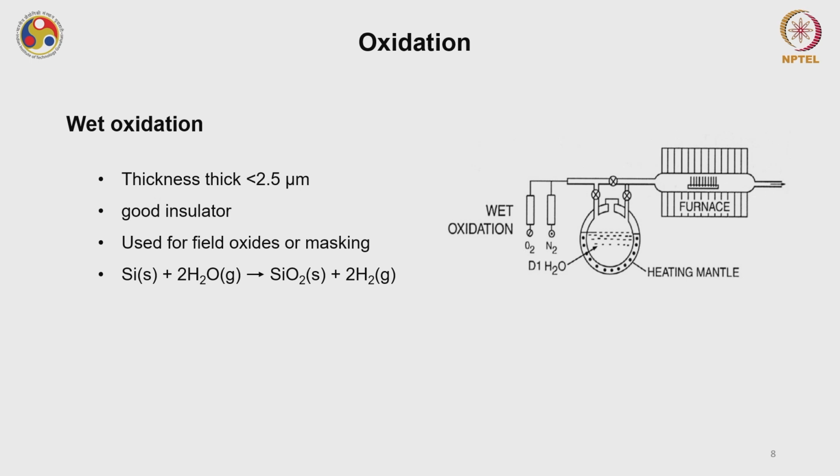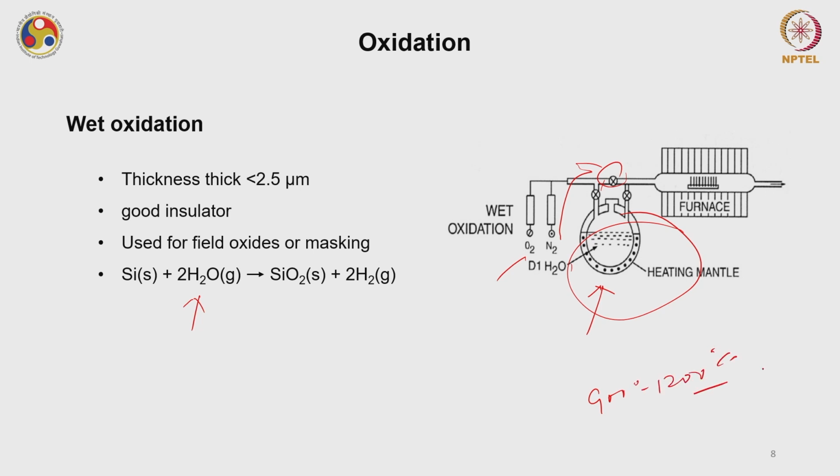As you can see, the precursor here is H2O vapors. You have a water-carrying bowl connected through a pressure control gauge, and again you have oxygen and a carrier gas through which it is inserted into this chamber at an elevated temperature of around 900 to 1200 degrees Celsius.